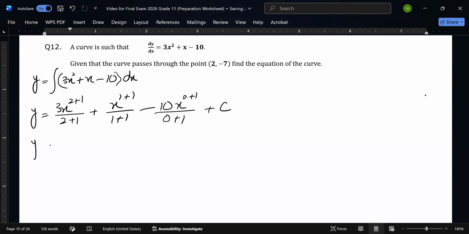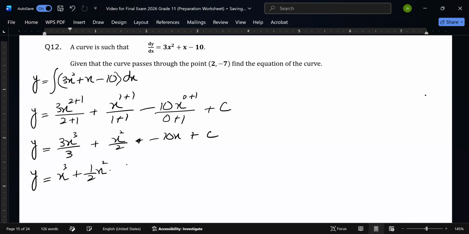So we simplify, it's going to be 3x cubed over 3 plus x square over 2 minus 10x plus c, or it's going to be x cubed plus 1 over 2x square minus 10x plus c.